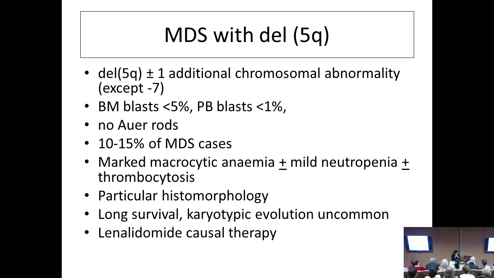This is a thalidomide derivative which can be used to treat these patients, and when the patients are treated, the anemia is resolved in most cases, but some patients progress to AML, and there's a matter of debate whether this has anything to do with lenalidomide or whether this has something to do with the p53 positive clones in these 5q minus cases.